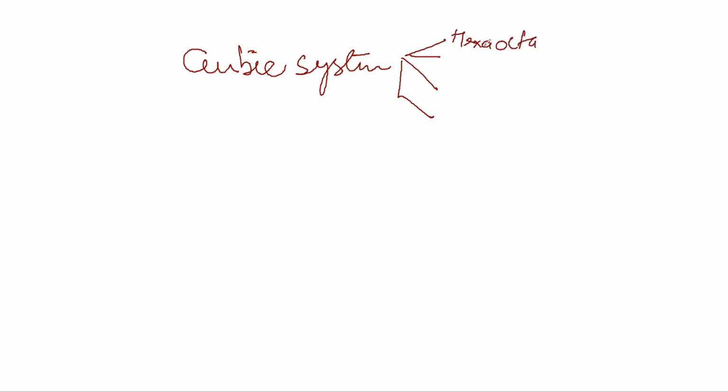So cubic system. And in cubic system, there are 5 classes. We have hexa, octa, hexaoctahedron, etc. We have 5 classes here.